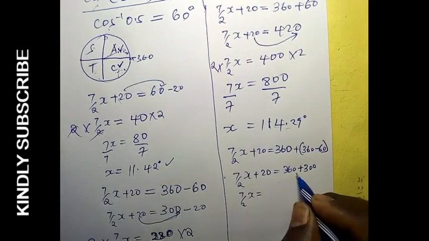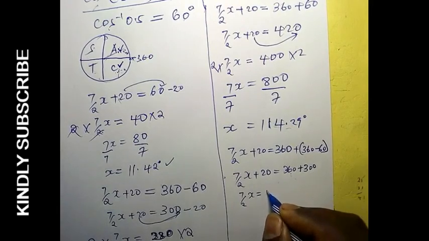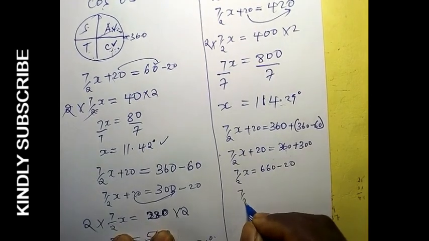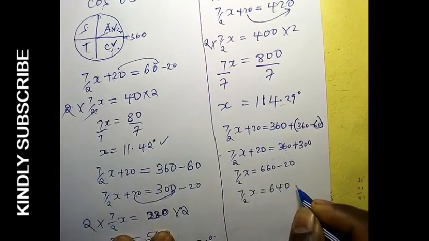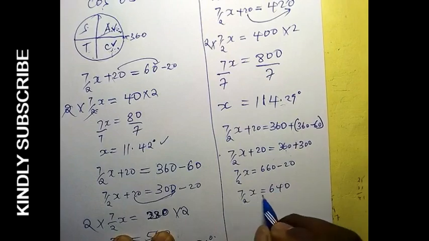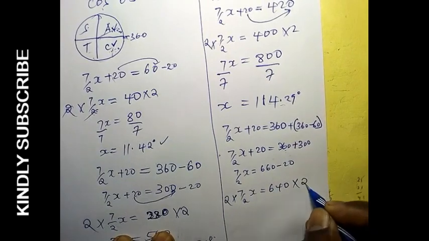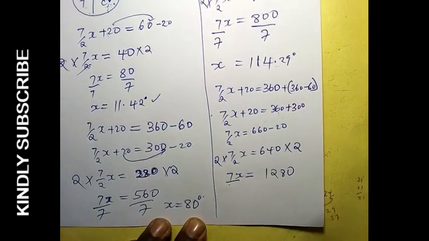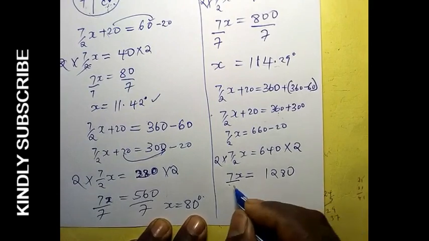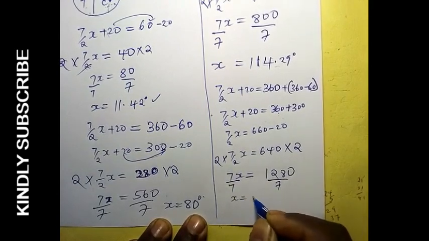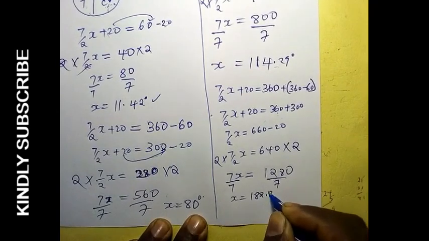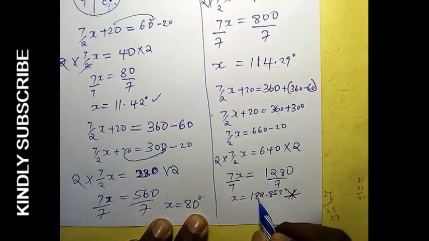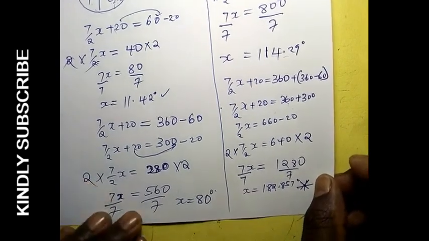Like terms together, 660 minus 20, 7/2 x equal to 640. Now we multiply both sides by 2 to remove the denominator. We have 7x equal to 1280. We divide both sides by 7. So x here is 182.857 degrees. As you realize, this one has gone beyond 180, and therefore it is not one of our values.